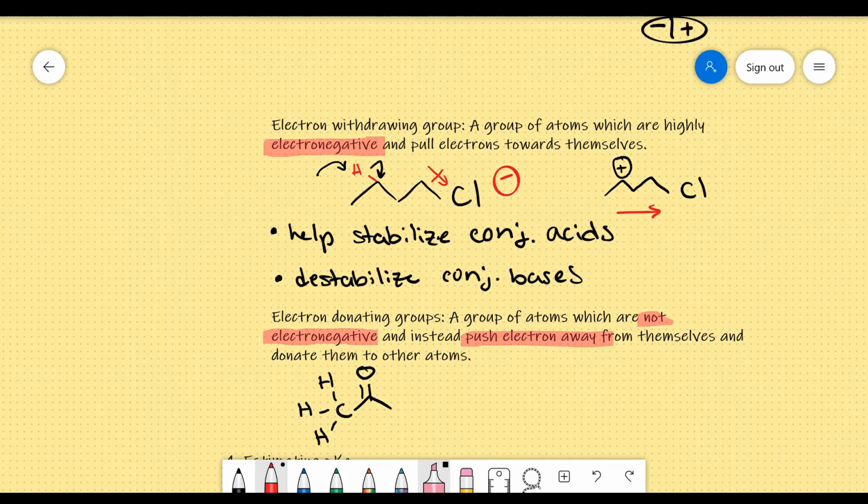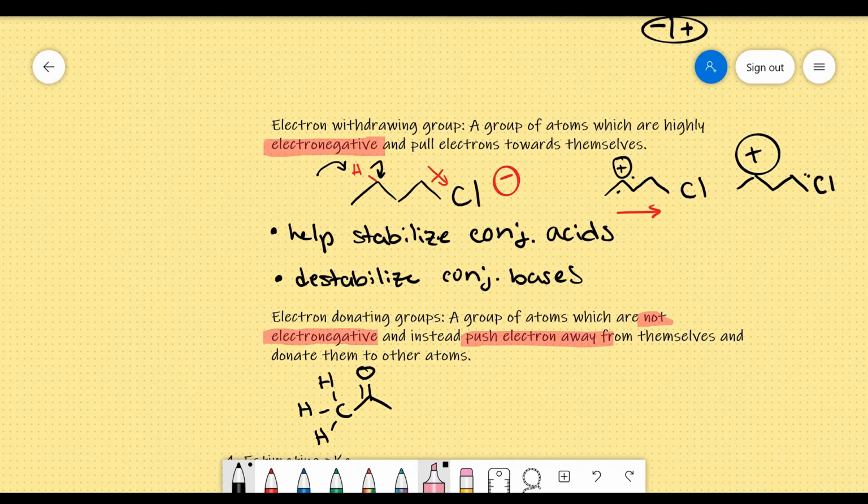If we keep pulling from a deficient area, this positive charge is going to grow. In order to become more stable, we want our charges to be as small as possible. But when the chlorine keeps pulling, this charge becomes bigger because this carbon becomes even more electron deficient. There's hardly any electrons, and chlorine's going to take them all.